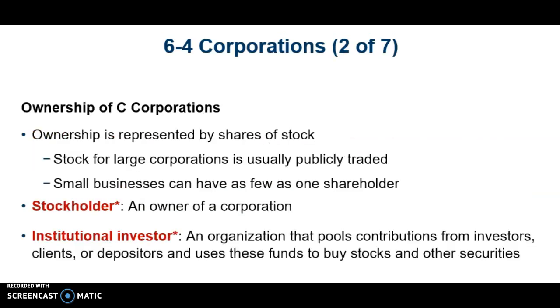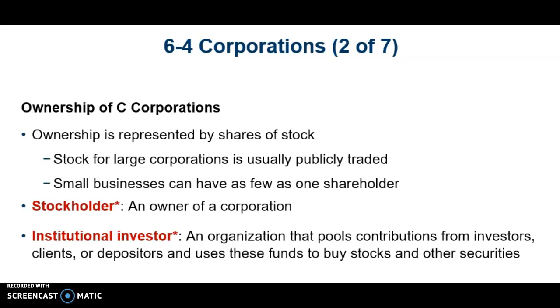Ownership of a C corporation is represented by shares of stock, and these are simply pieces of paper that tell how much ownership a person has in a corporation and if they can vote or make decisions. Stock for large corporations is usually publicly traded, and small businesses can have as few as one shareholder. Now, in accounting, we talk about common stock, and this is the basic ownership interest in a corporation.